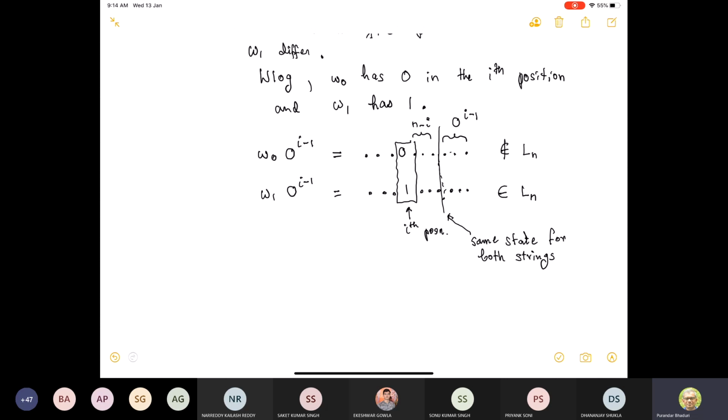Just to formalize that, what do we have? We have W0 0 to the I minus 1 does not belong to Ln, and W1 0 to the power I minus 1 does belong to Ln.